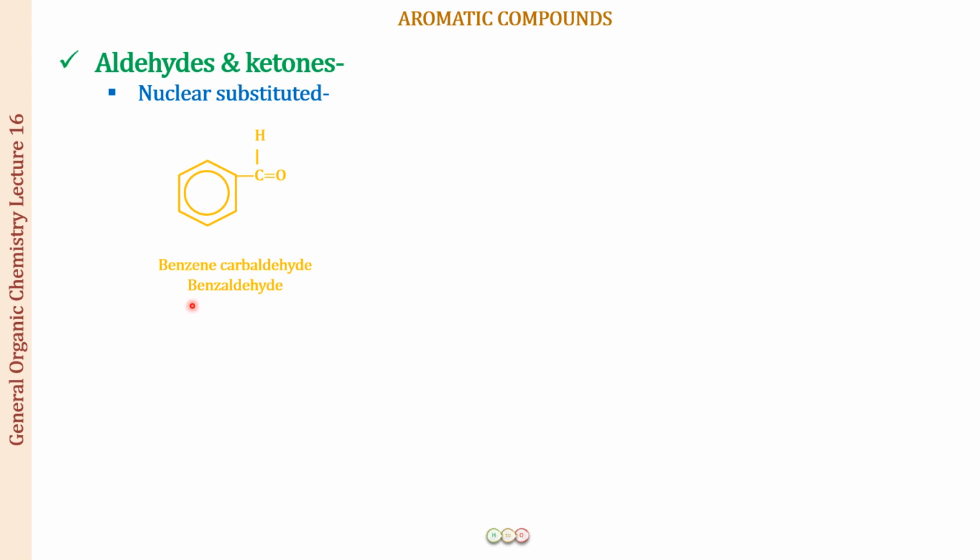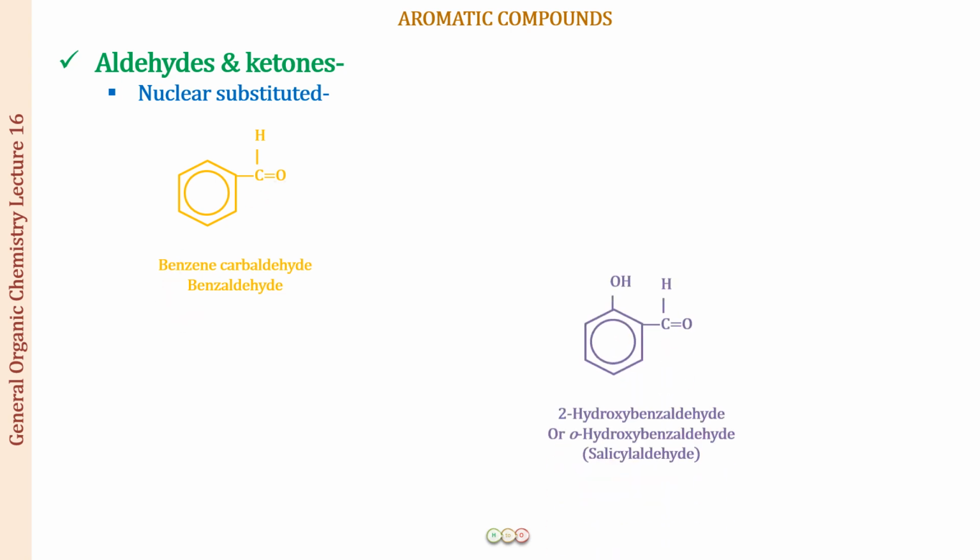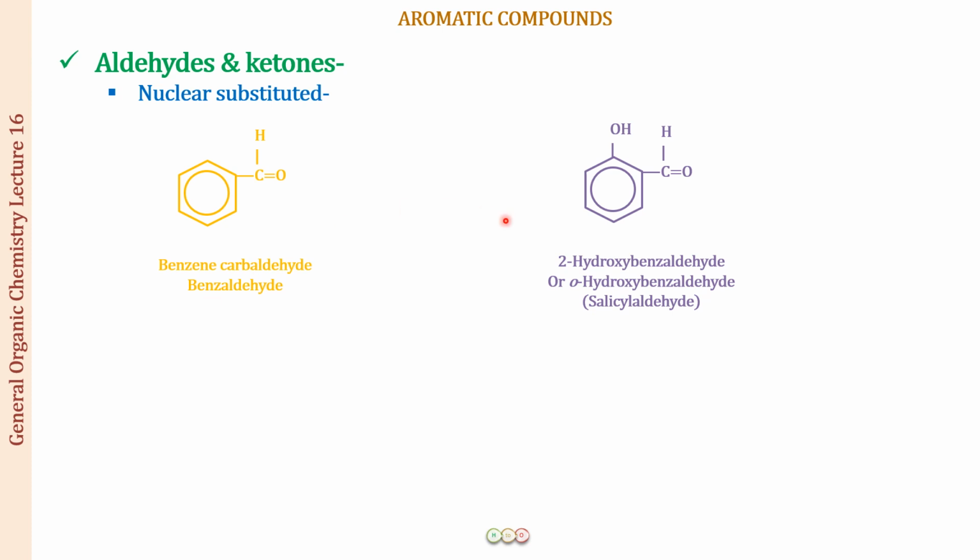So benzyl, you can look at this. We have removed 2 hydrogens from the toluene, right, and replaced them by a double bonded oxygen. So this becomes benzaldehyde. The next what we have is a benzaldehyde with an OH group. So at position number 2, this becomes 2-hydroxybenzaldehyde or orthohydroxybenzaldehyde, or we call this salicylaldehyde.